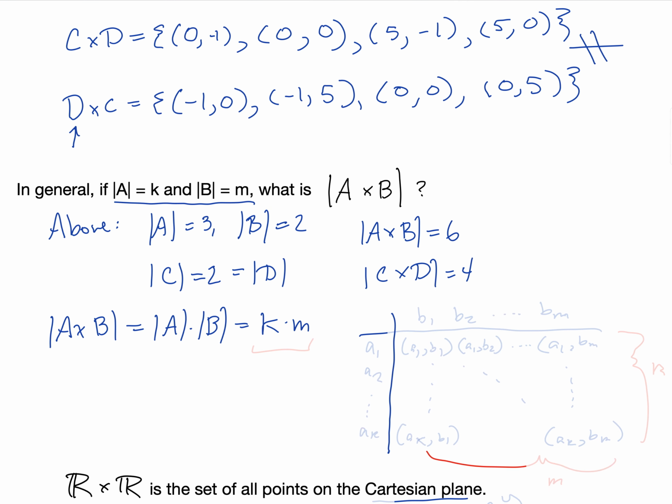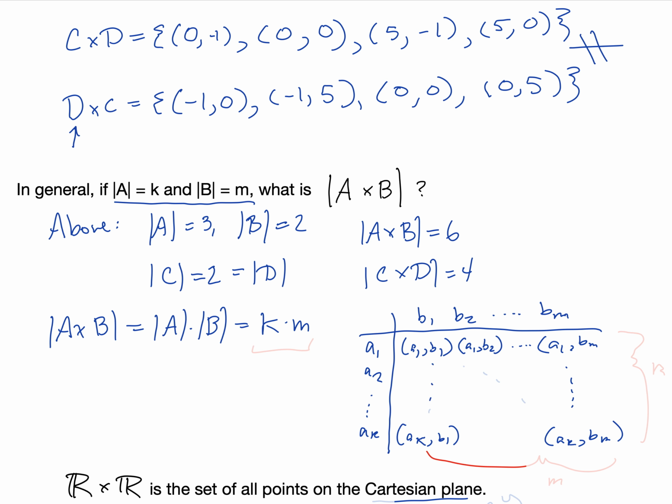Well, let's think about it as the set of ordered pairs. If A has the elements A1, A2, up to AK, and B has the elements B1, B2, up to B sub M, then this gives us the ordered pair A1, B1. This gives us the ordered pair A1, B2, and so on, A1, BM, and down to AK, BM, AK, B1.